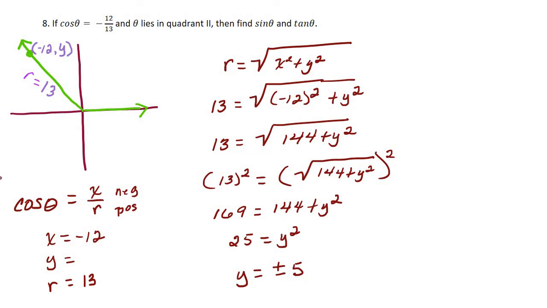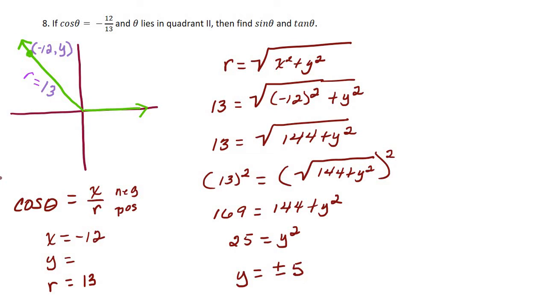Okay, so we've solved this radical equation by squaring both sides. And then in our last step, going from y squared to y, I take the square root of both sides and I get y to be positive or negative 5. Well, y can't be both. So we have to go back and look at the information given in our problem, or look at your sketch.